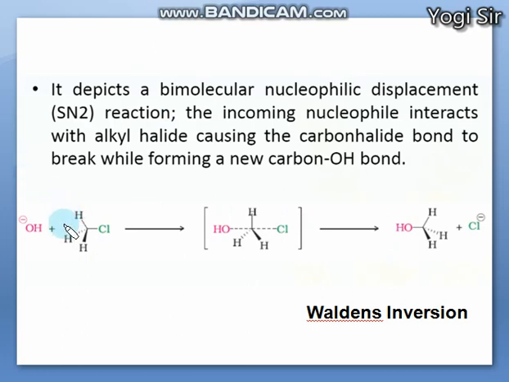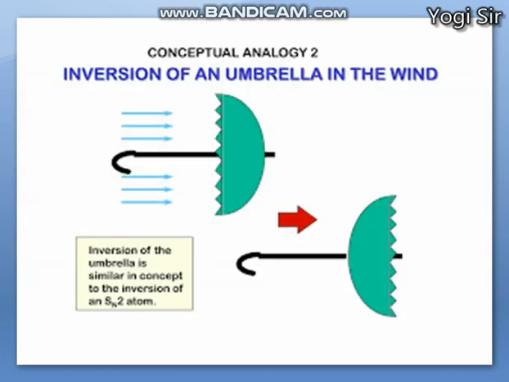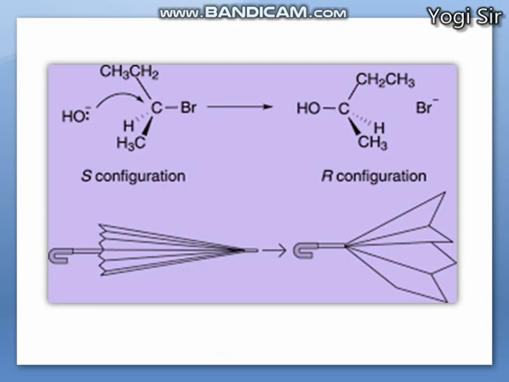You can see these three hydrogens are moving away outside the plane, going to the right hand side. So that concept is compared with inversion of an umbrella, when wind force coming inside the umbrella inverts it, which is also compared here.